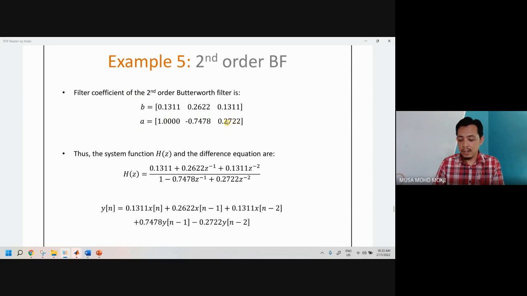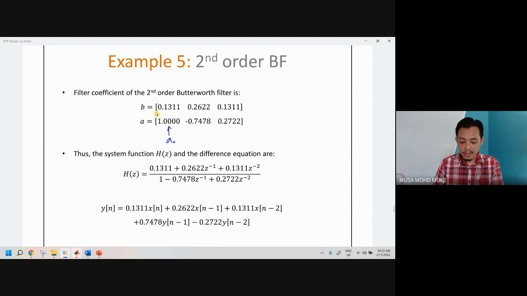And again, as we have learned in the Tuesday class, make sure this A0 is equal to 1. If it is not equal to 1, you need to factorize it, so that this A0 is equal to 1.